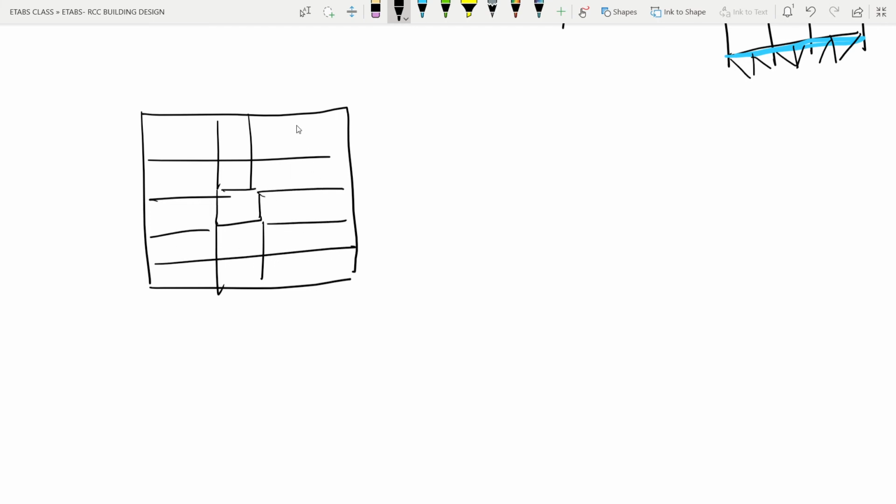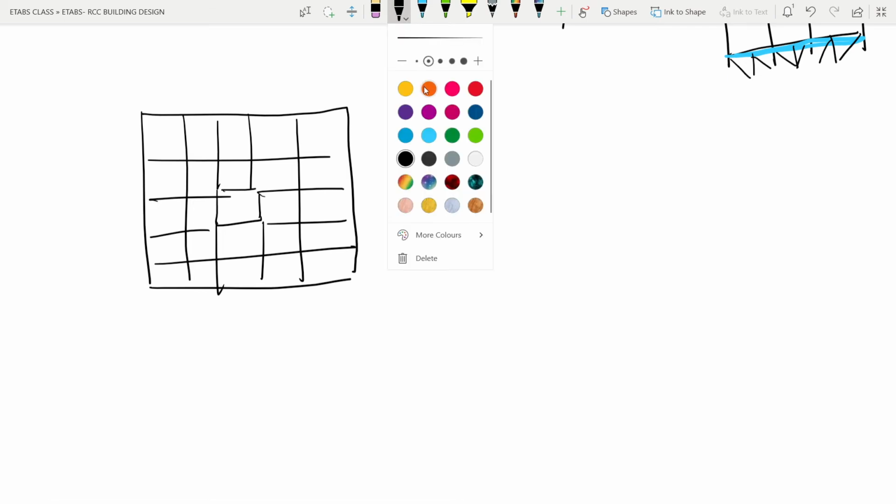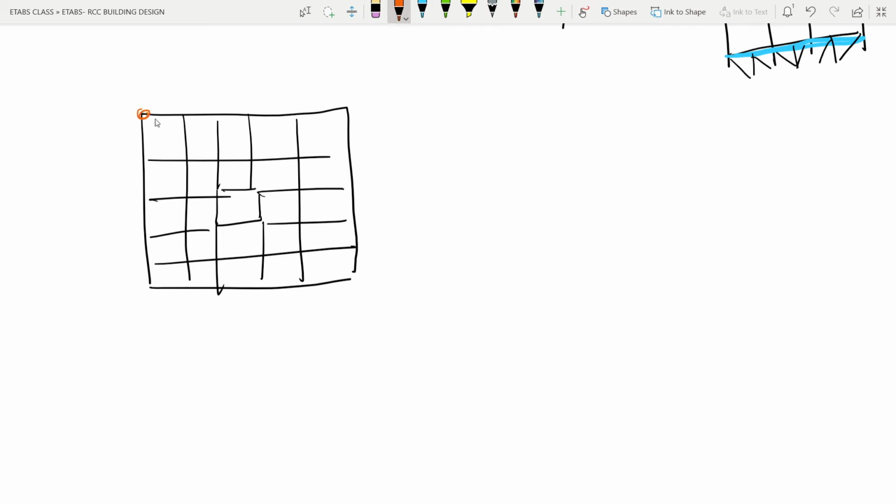I'm just drawing roughly. I just put the columns here, like this. And it is my core wall, suppose with outrigger also.